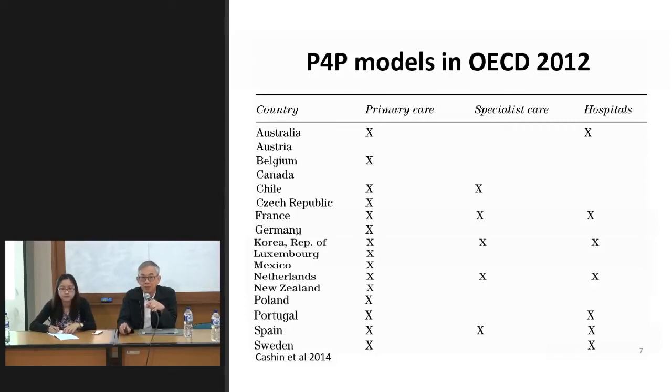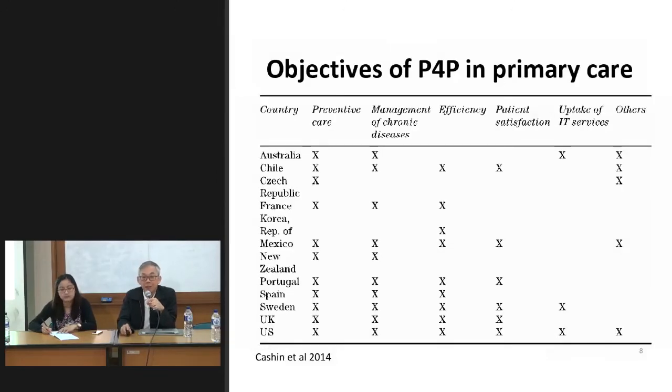So what they apply, the objectives of application of P4P in primary care. So there are 6 or 5 specific categories here. So the first is to focus on preventive care.